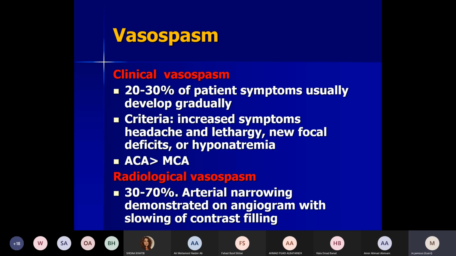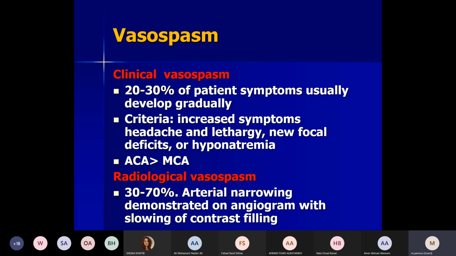We have 2 types of vasospasm. The clinical vasospasm, about 20 to 30%, is when the patient starts to show symptoms of vasospasm. And we have radiological vasospasm, about 70%, where we can see arterial narrowing or vasoconstriction without clinical symptoms.